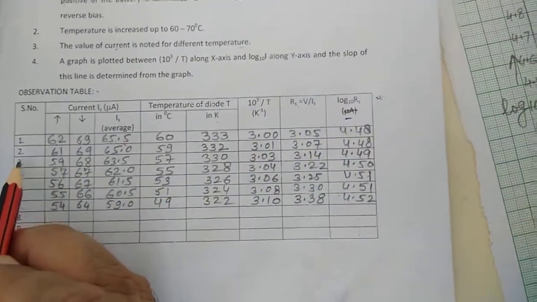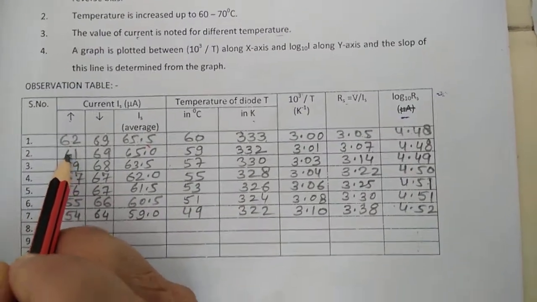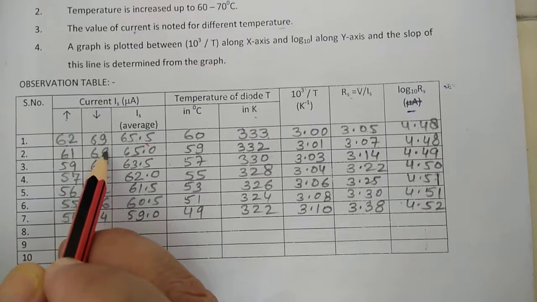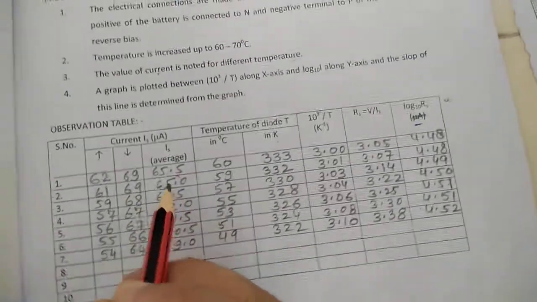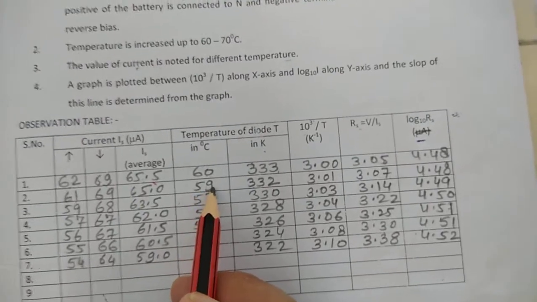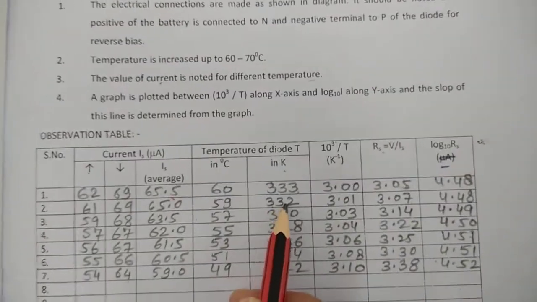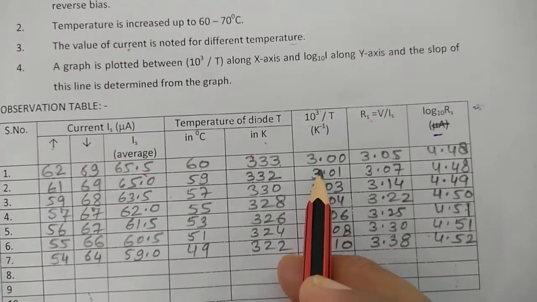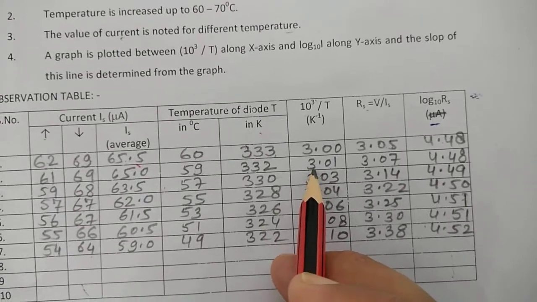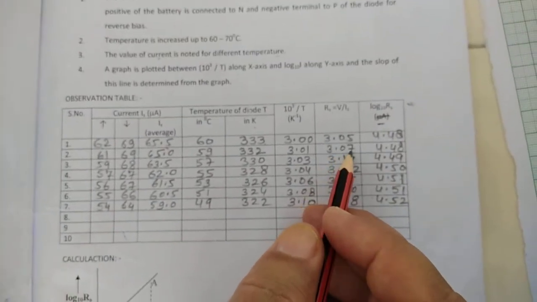Similarly, for the second value, if we record current 61 and 69 microampere, the average will be 65 at 59 degree centigrade. So the Kelvin temperature will be 332. Then the value 1000 upon T will be 3.01 and resistance Rs will be 3.07.